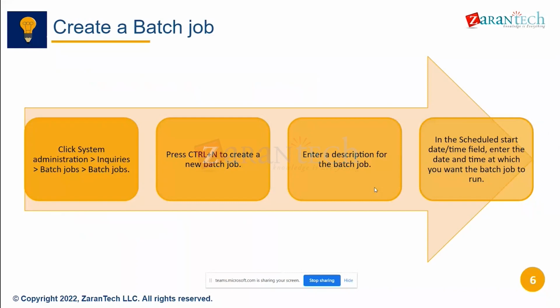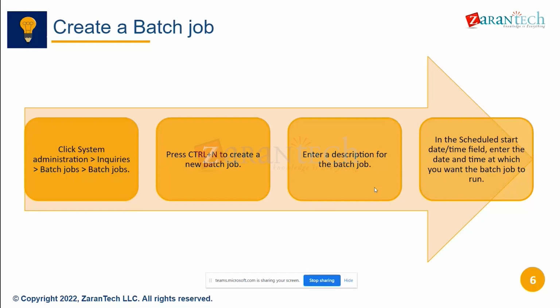Okay, now the process for creating a batch job. As I showed you yesterday, you can create a batch job in your local object library, in the jobs tab. You can go there, right click, and click on new. You will get two options: if you want to create a batch job, you can, or if you want to create a real-time job, you can.